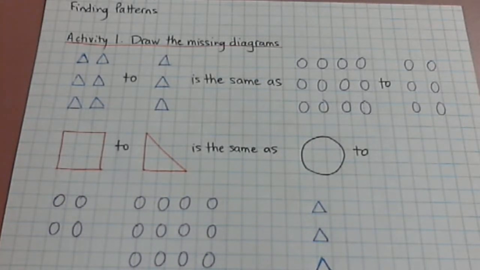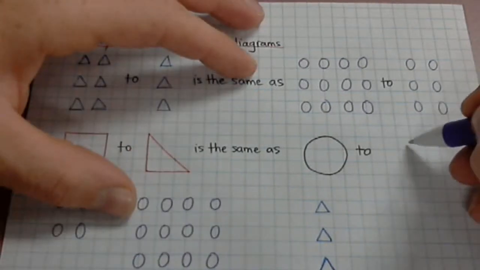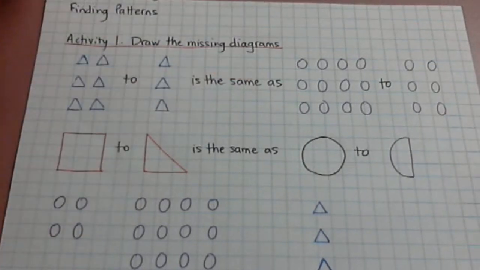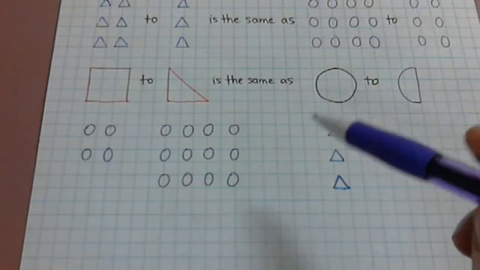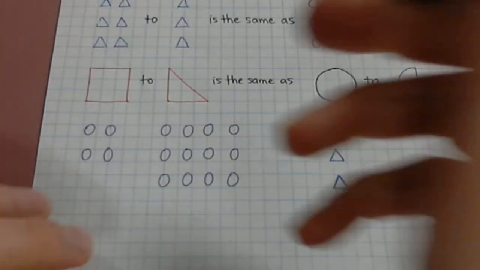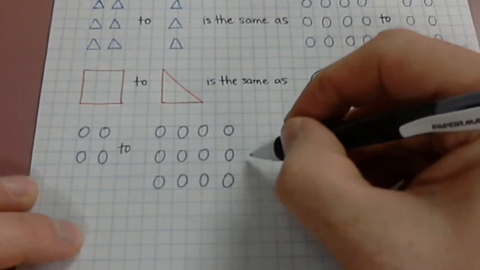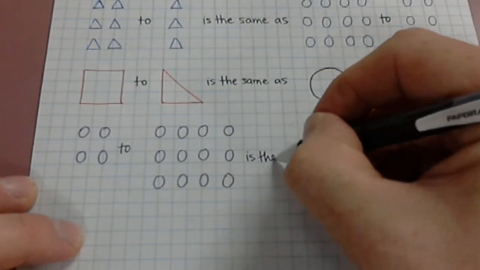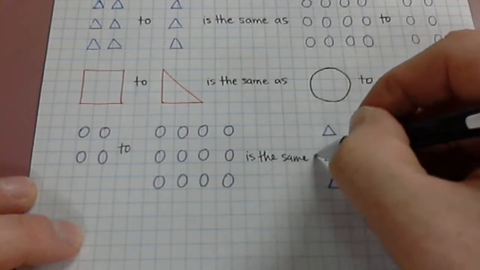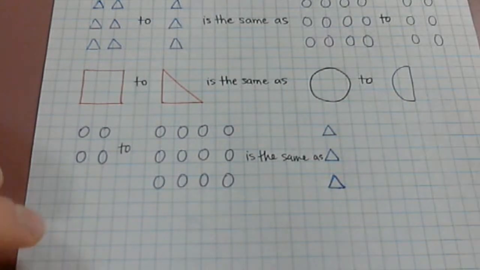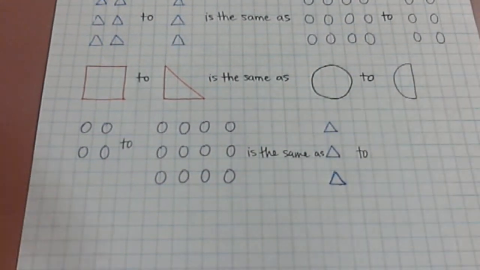So that square to that half a square is going to be the same as a whole circle to half a circle. Then down here, this one's a little bit more tricky, but we have these 4 circles to 12 circles is the same as 3 triangles to some other number of triangles.